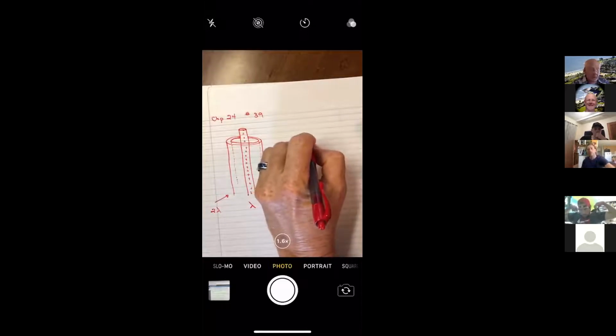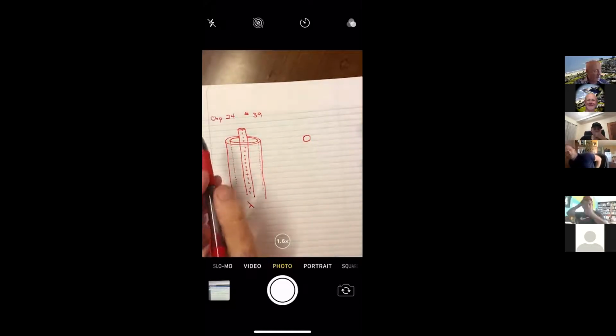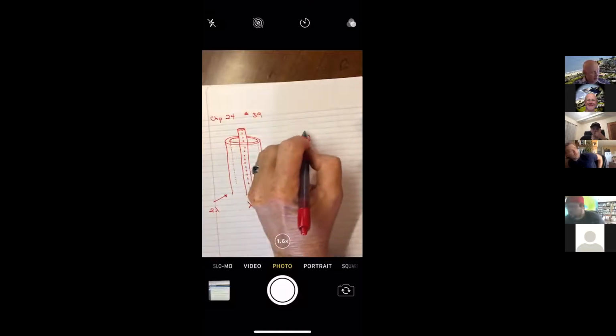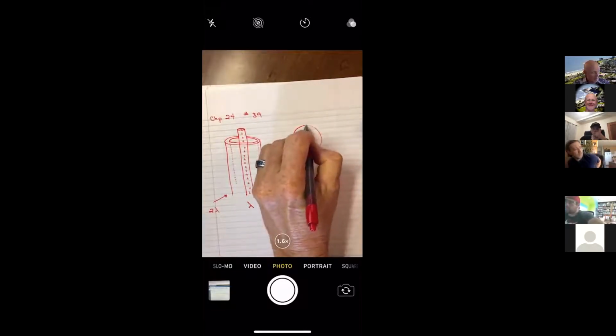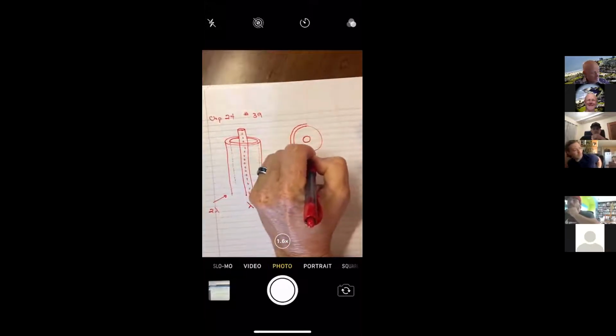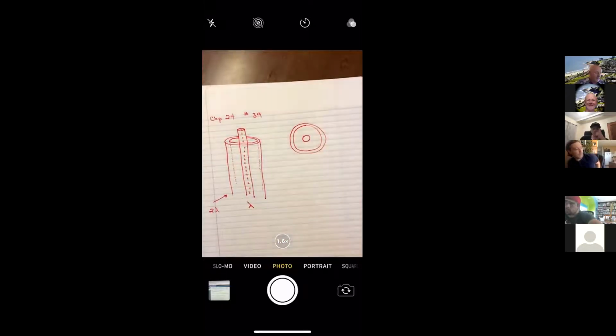Here would be the wire itself in the center, what we like to call the center wire. And then this, which we often call the shielding wire, I'll draw out here.